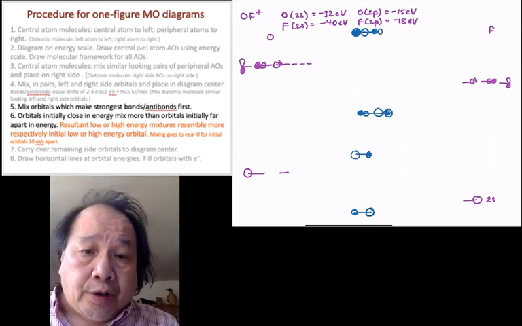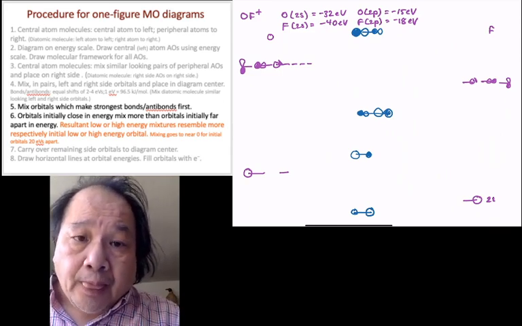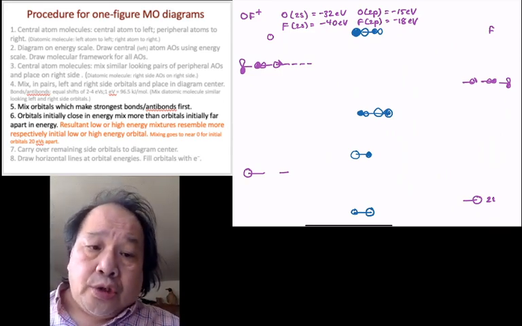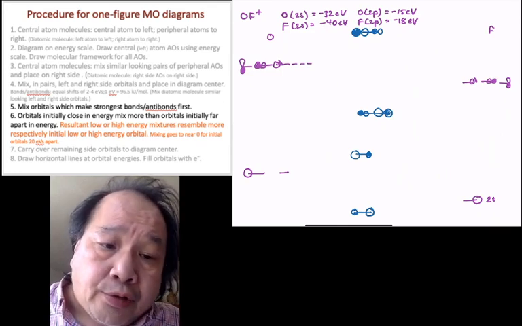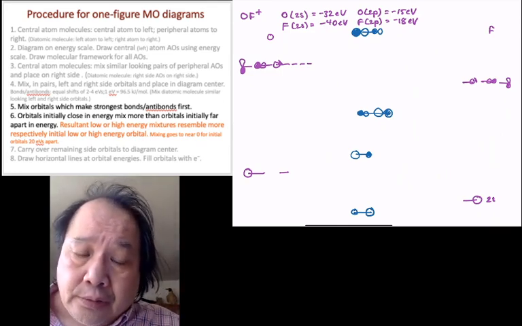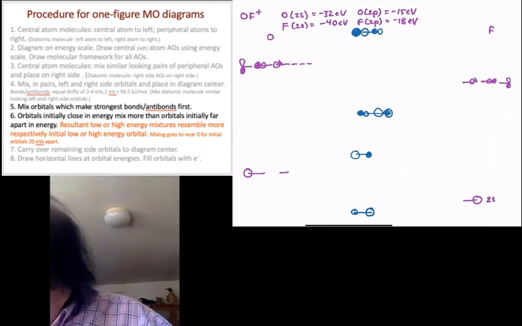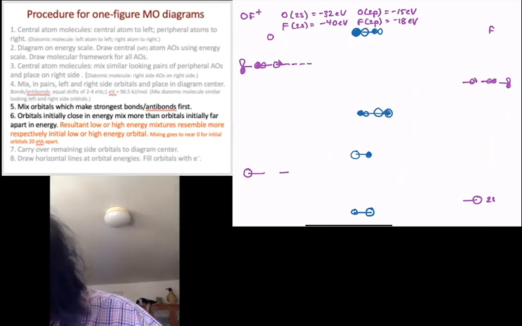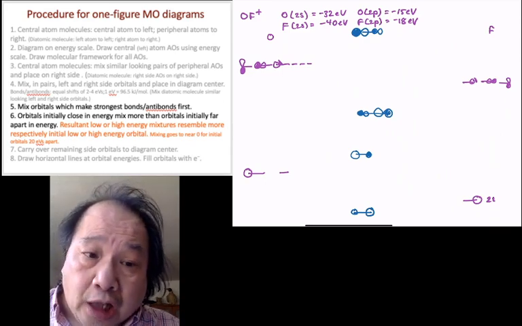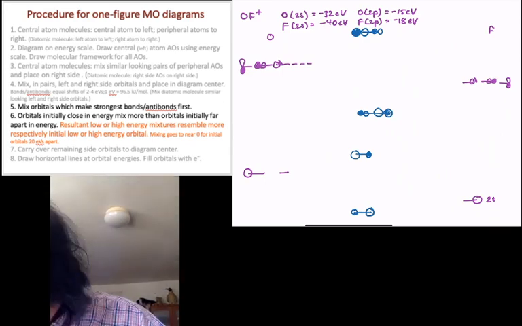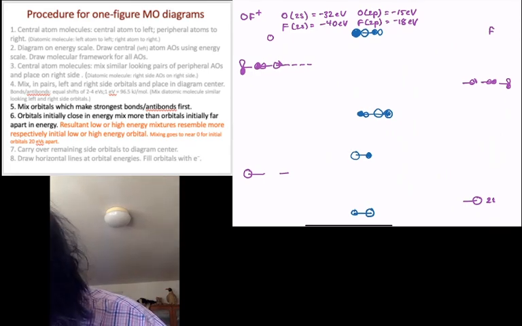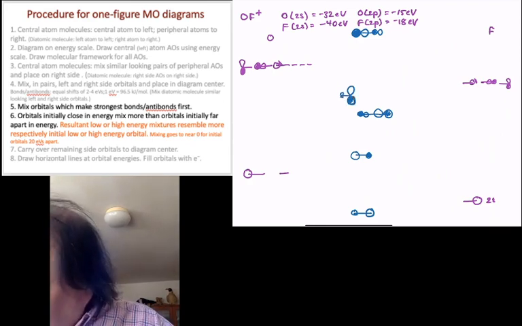And finally, we have to look at the pi interaction. Although there are pi interactions, we know they're very weak. So when I make the pi interactions, should it go down a lot or just very little? Fluorine doesn't make good pi bonds. Should go down just a little. So I'll take the fluorine and it's just going to look a lot like fluorine because it's mixing very little. So I'll mix the two here, and then I'm going to have just a very tiny amount, barely a bond.